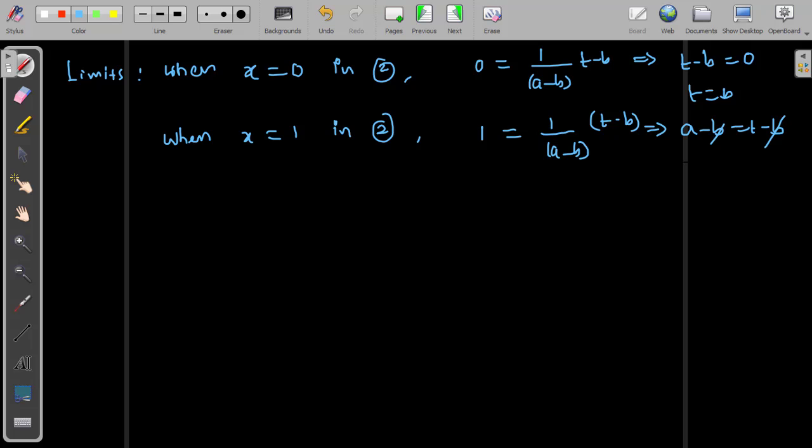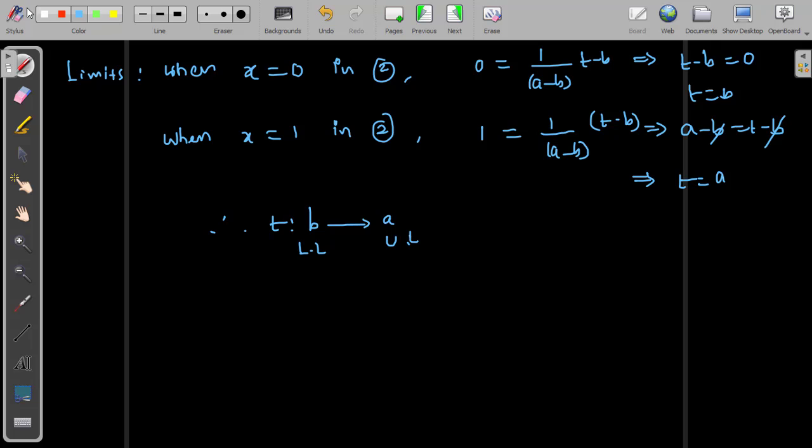The minus b is the same term with the same sign, so it cancels out, and t equals a. Therefore the t limits are b to a: b is the lower limit and a is the upper limit.